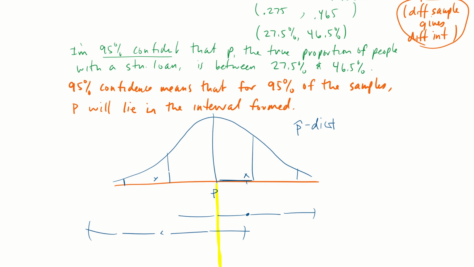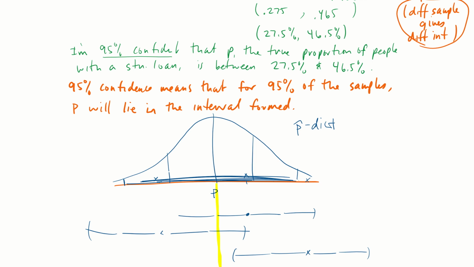Now, it's possible that I pick a sample way over here, right? And if I go two standard deviations this way, here's two, it's not going to quite make it. So P will miss this interval. But how often does that happen? Well, 95% are in between here, so only 5% on the outside.